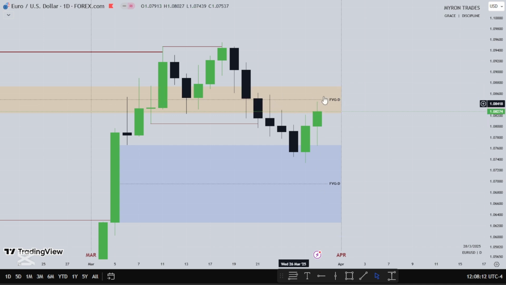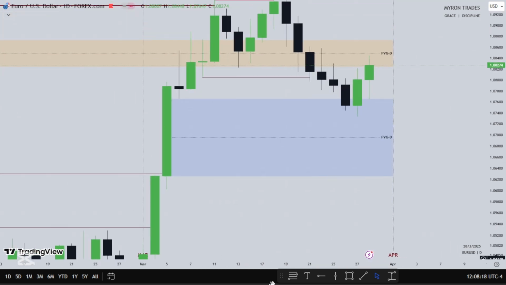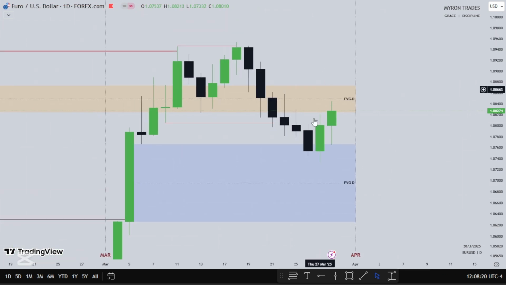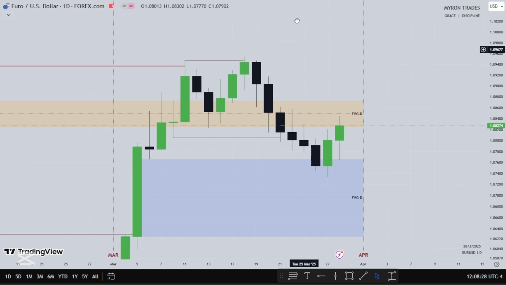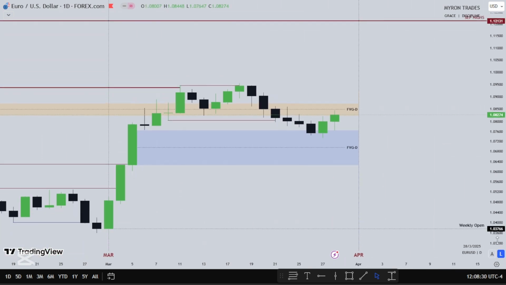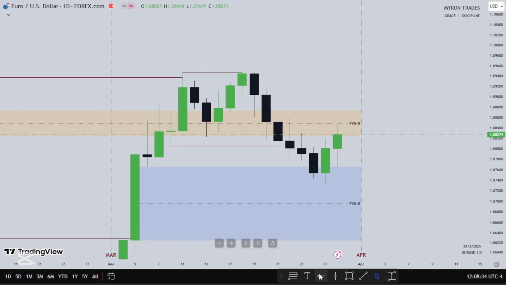But if Euro would want to resume its bullish move, because the Euro has been bullish, then I want to see price use this fair value gap as support to go higher and take out this high. So this high will be the high for March, as we're about to enter the new month. Let me annotate that.